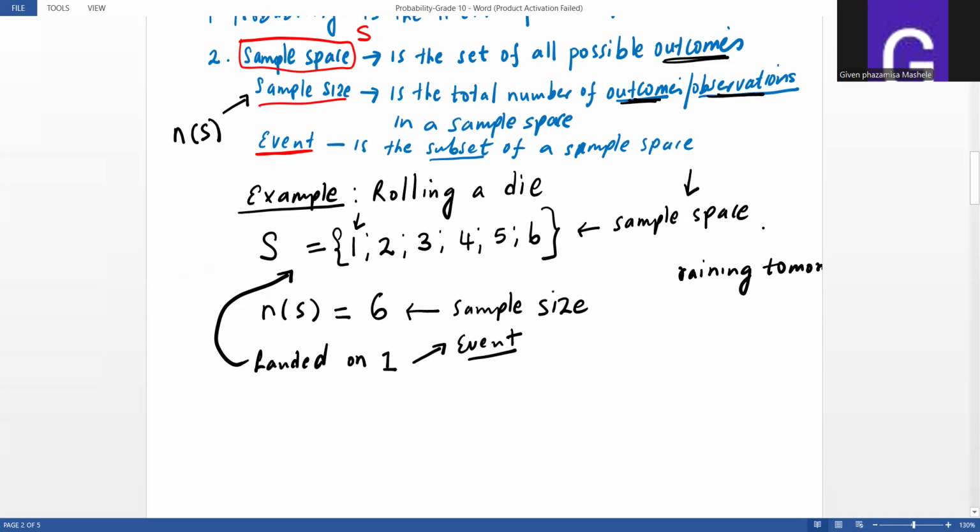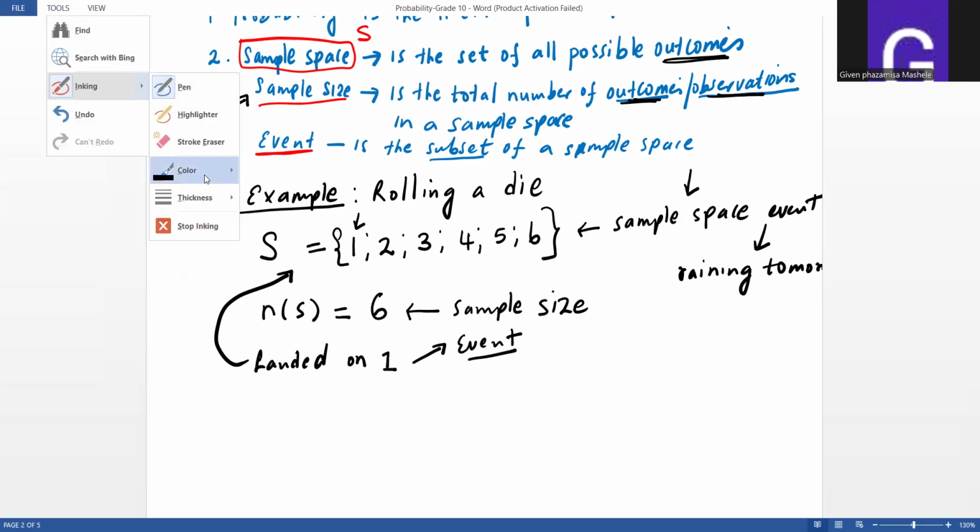When we say raining tomorrow, this is an example of an event. But now we are going to link the event with probability. For example, what is the probability of a die landing at 1?